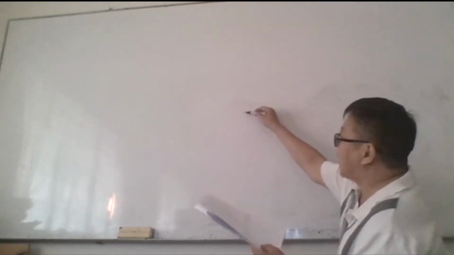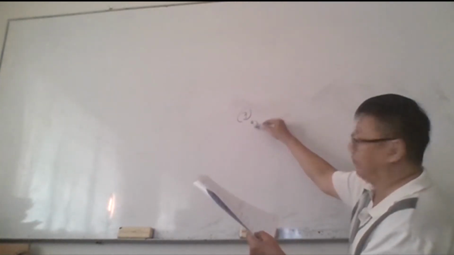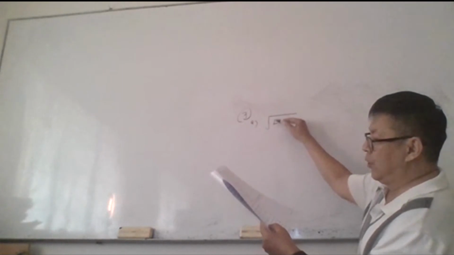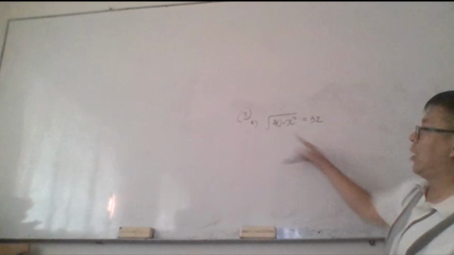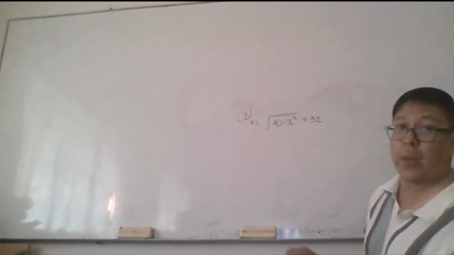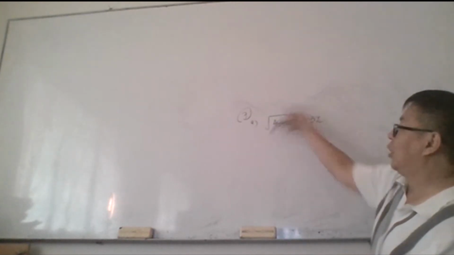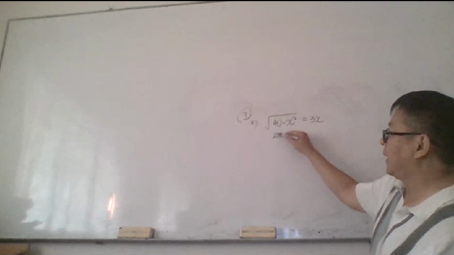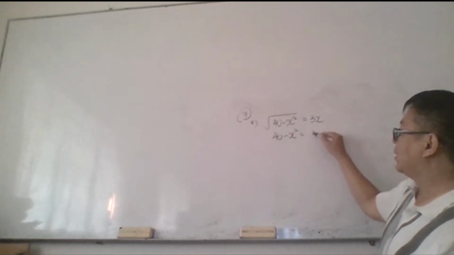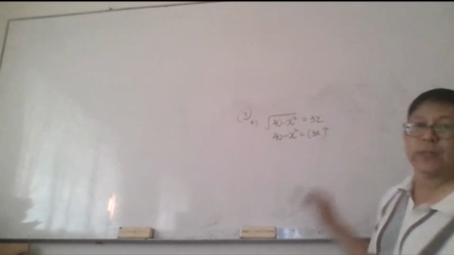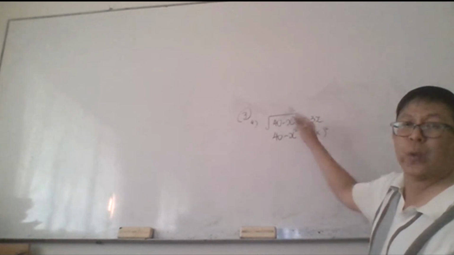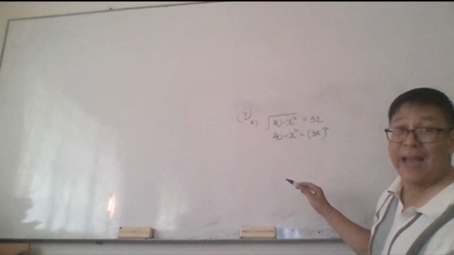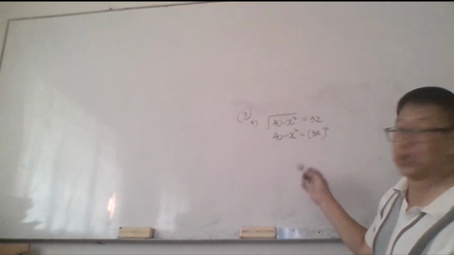For example 7a, square root of 40 minus x squared equals 3x. In order to eliminate your square root, your teacher may say that we need to square both sides, left and right.